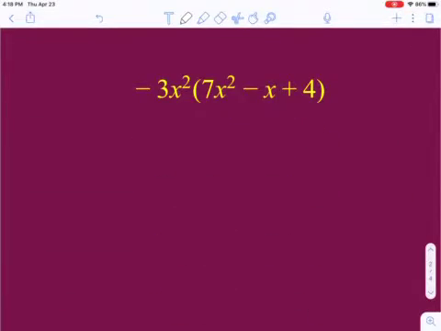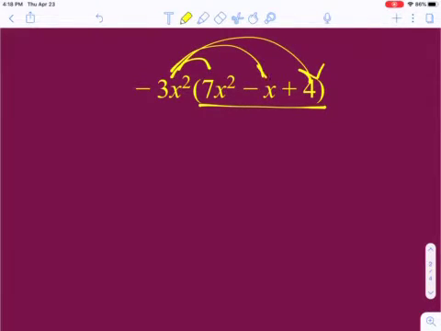So if we look at this, we've got negative 3x squared times this whole thing in the parentheses, right? So we're multiplying it by each of these terms. So it's obviously a distributive property situation going on here. So you've got negative 3x squared, which is going to be multiplied individually by 7x squared, negative x, and 4. And so it's just a matter of knowing what you multiply by what.